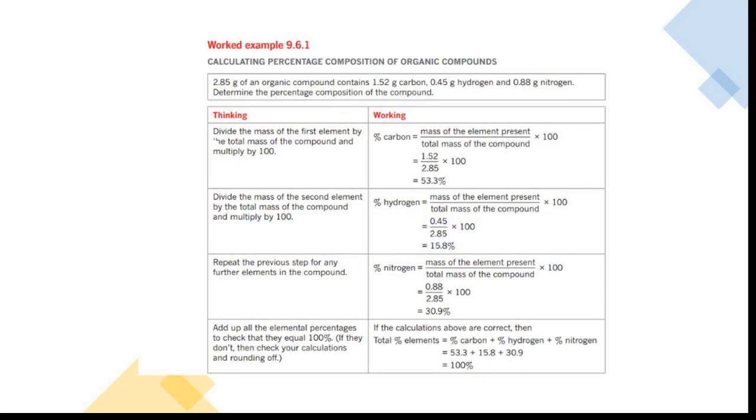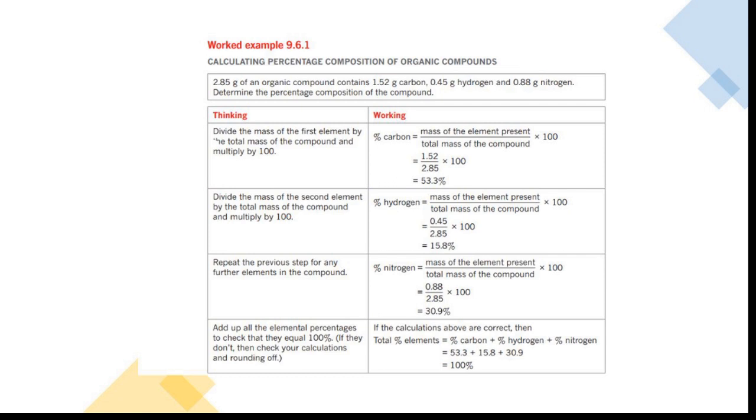If you look at this example here, it says 2.85 gram of an organic compound contains 1.52 gram carbon, 0.45 gram hydrogen, and 0.88 gram of nitrogen. They're asking for the percentage composition. Using the formula, the percentage of that particular element equals the mass of the element divided by the total mass of the compound multiplied by 100.